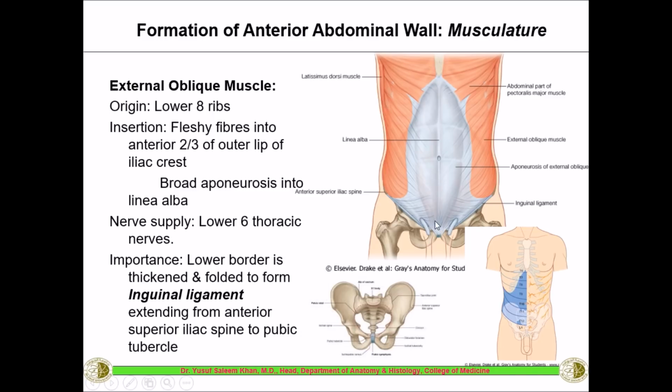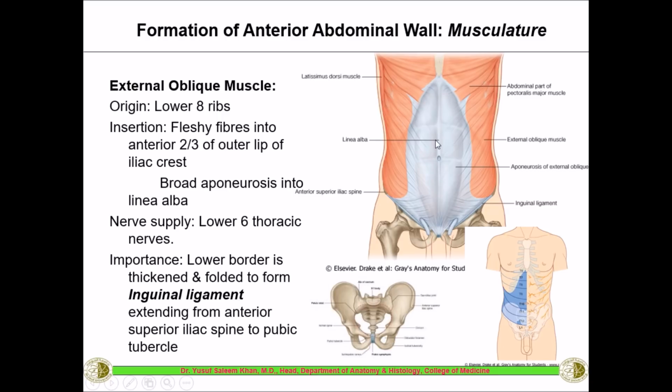Here in case of this side, it will be getting inserted to the aponeurosis of the other side. So this is nothing but the modification of this muscle. It becomes aponeurotic, and instead of getting inserted to the bone, it goes superficially and gets inserted to this line here, which is called the linea alba.